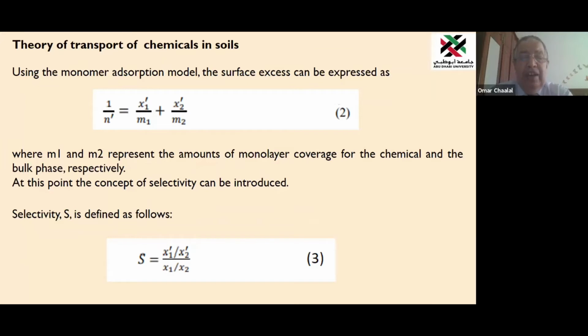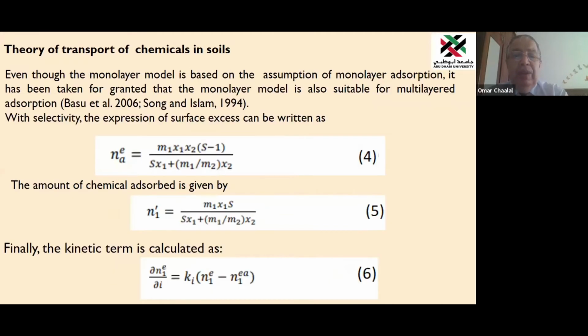And then we relate all this with the selectivity, because the soil can capture or select some heavy metals over others. So we talk about selectivity, which is an important factor in separation processes. Then we combine them. All these are just theory. No need to go there, but if you want, you can consult the publication.